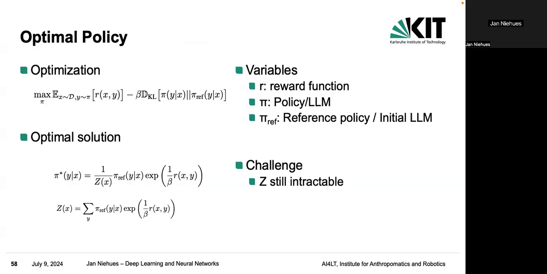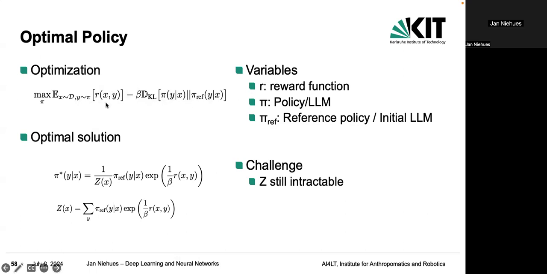So what did we have? This is again the maximization we had before. We want to optimize our model in a way that we are maximizing the expected reward, while it's also not too far from the reference or the initial policy.